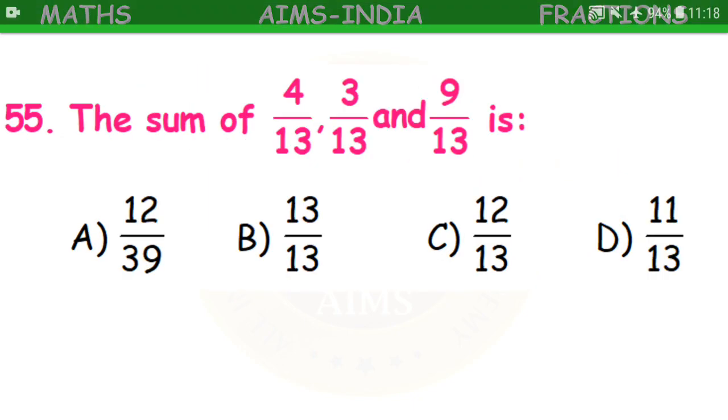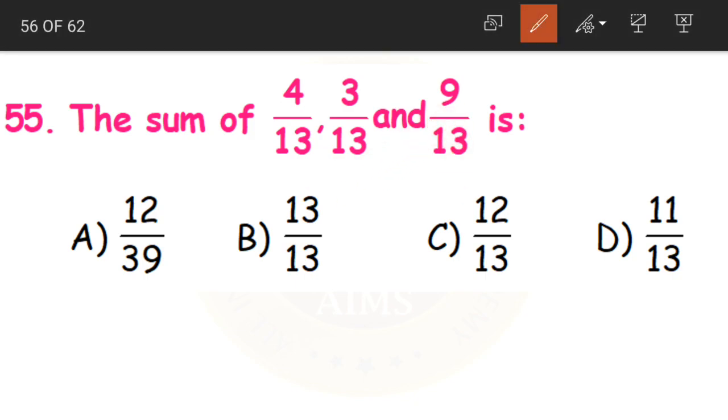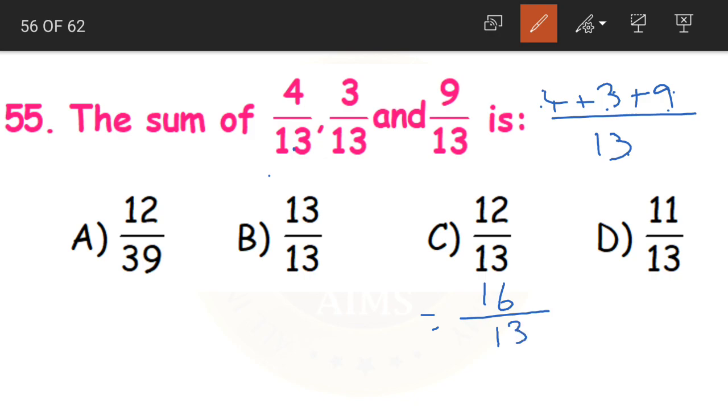Next question. The sum of 4 by 13, 3 by 13 and 9 by 13 is dash. Again we are having like fractions here, taking the common denominator and taking the sum of numerators. 4 plus 3 is 7, 7 plus 9 is 16, divided by 13, that is the denominator.